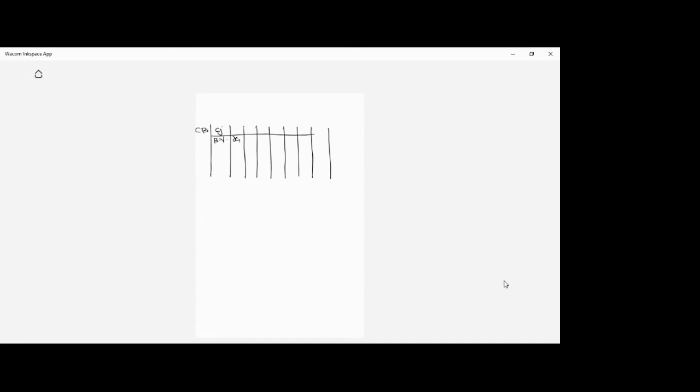Let's fill these cells properly: x1, x2, x3, s2, s3, a1, and here we have solution, right? Considering the artificial objective function, here it will be 0 0 0 0 0, and here we have 1.